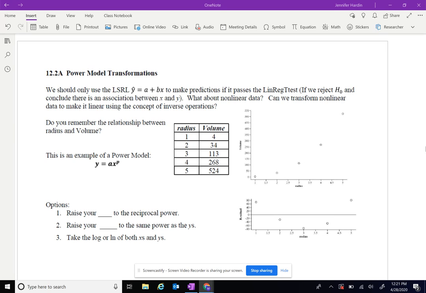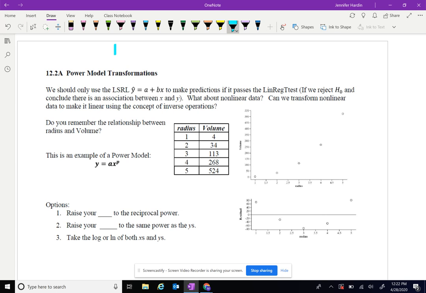3 material. All right. So when we looked at that least squares regression model, we saw that it had stuff like y equals a plus b x, where a was our y-intercept and b was our slope.